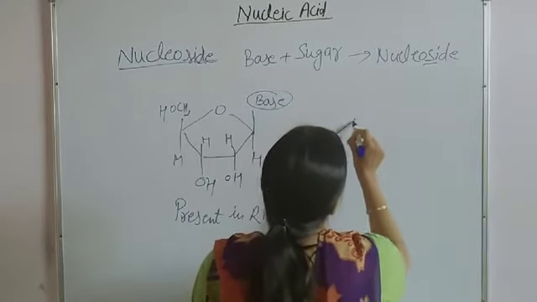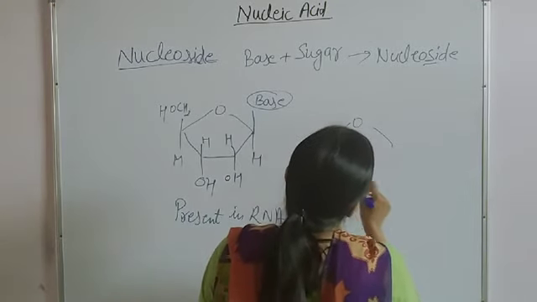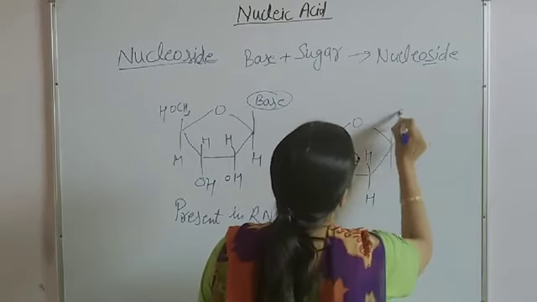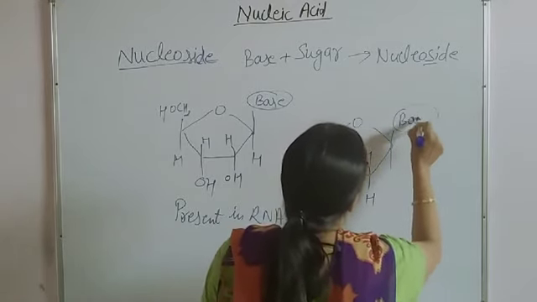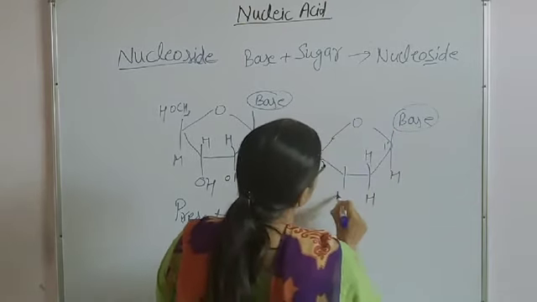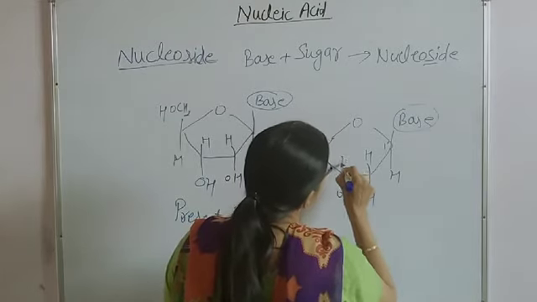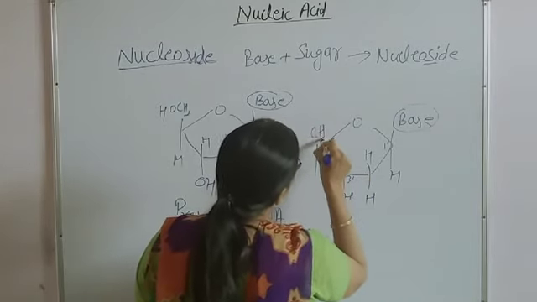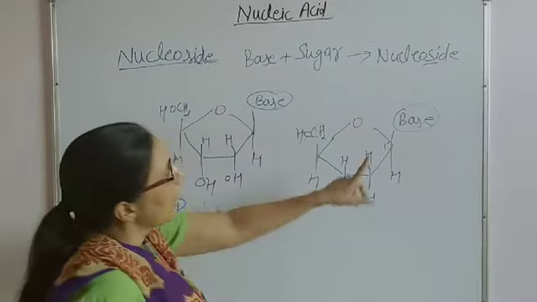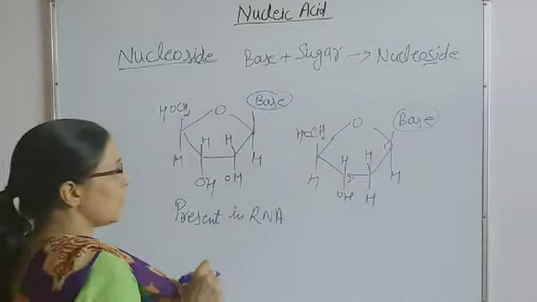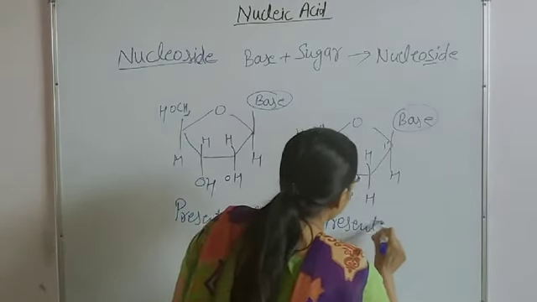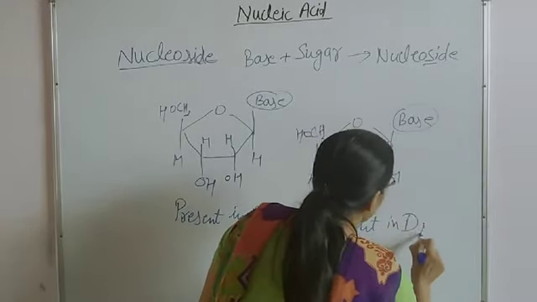If I draw it for DNA, what will I do? At the number 2 position, oxygen won't be here. Base as it is at 1 dash carbon atom, OH at 3 dash, CH2, OH and H. This type of nucleoside, where base is combined with deoxyribose, will be present in DNA.